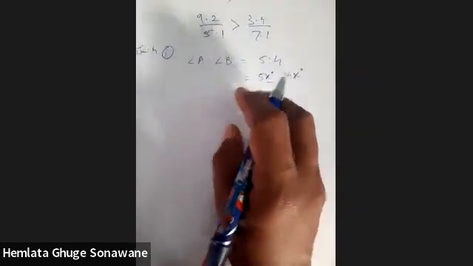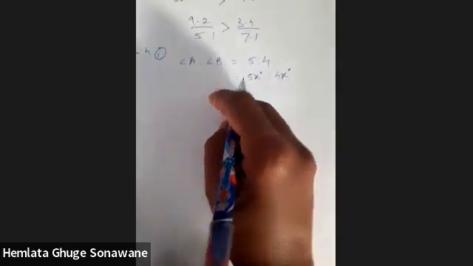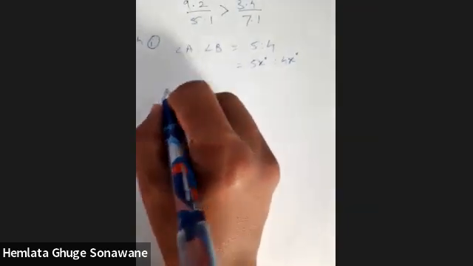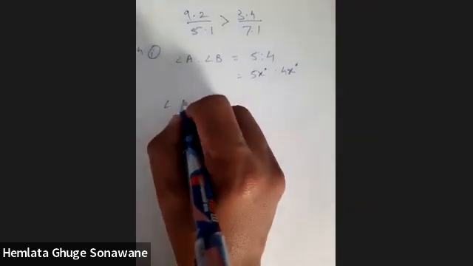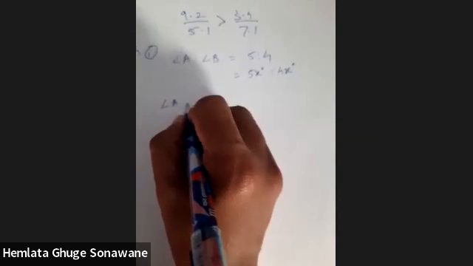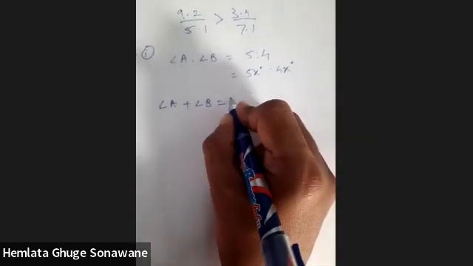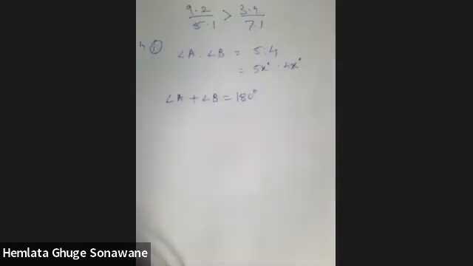Okay, we'll add angle A and angle B because they are interior angles of the parallelogram. So angle A and angle B, their measure is 180 degree.